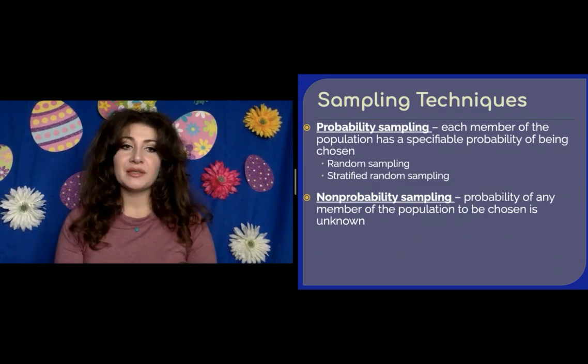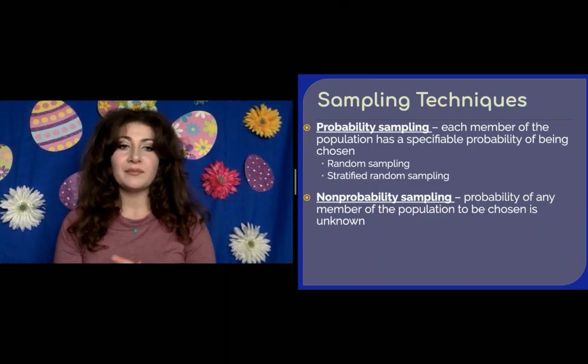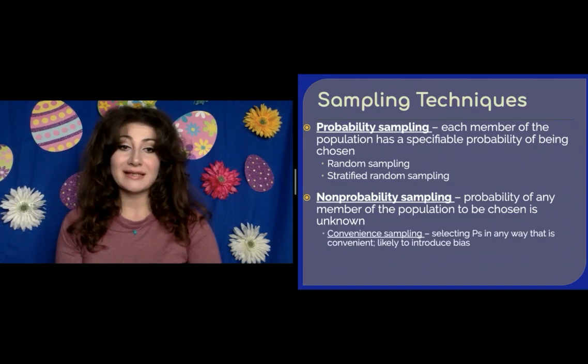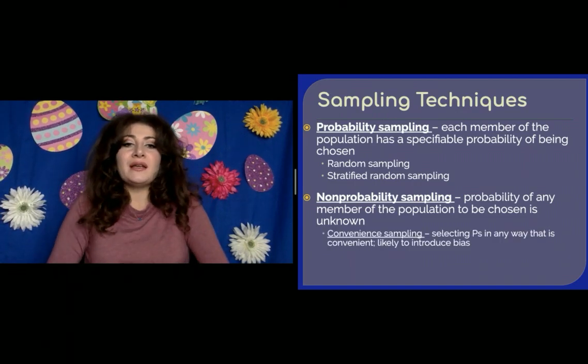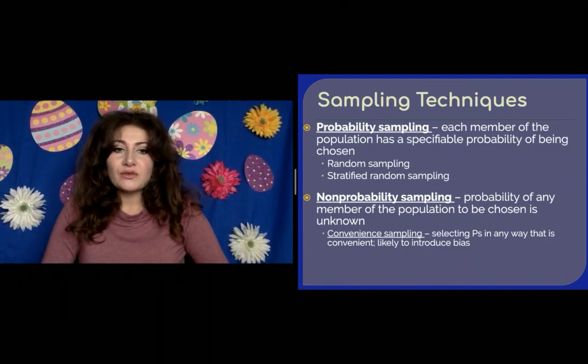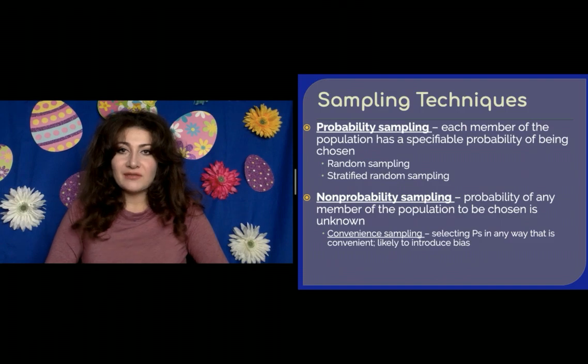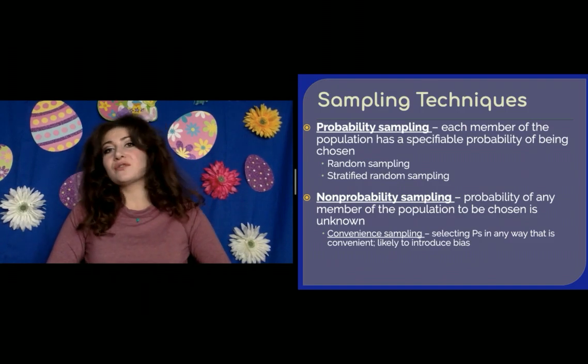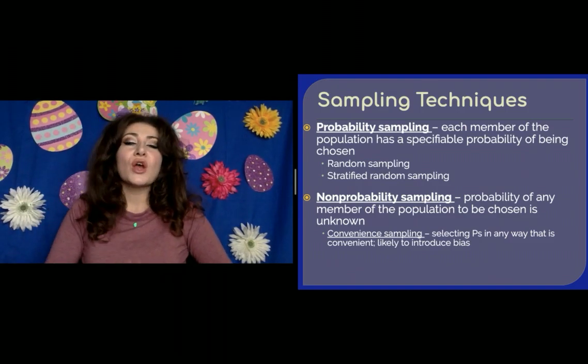So non-probability sampling says that the probability of any member of the population to be chosen is actually unknown. So we might use something like convenience sampling. With convenience sampling, you select participants in any way that's convenient to the researcher, which of course is likely to introduce bias.